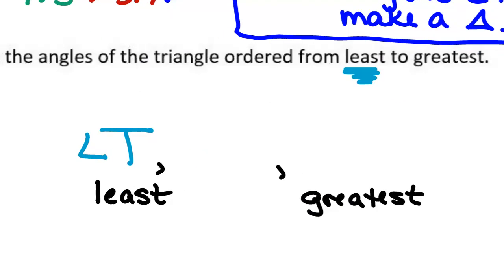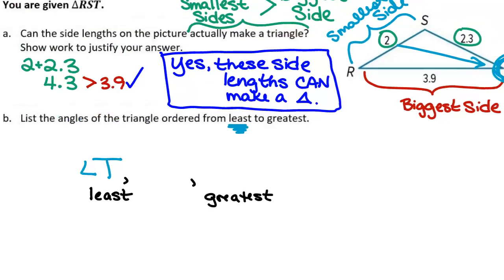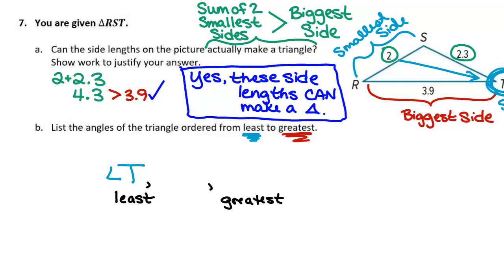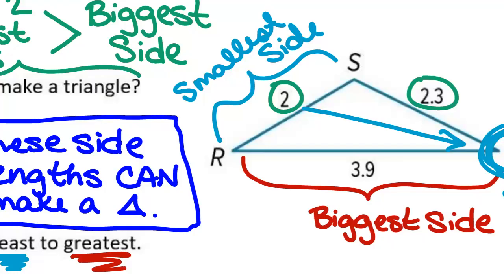So I would start my list with angle T. Let's go do greatest next, and then we'll fill in the middle. To find the greatest angle, I need the greatest side. Which side is the greatest side? RT is 3.9. We said that that was the biggest side.